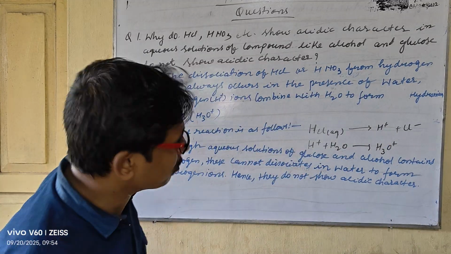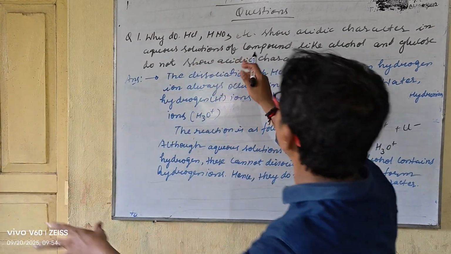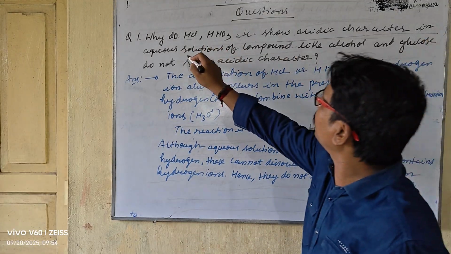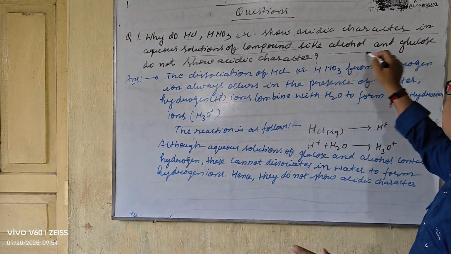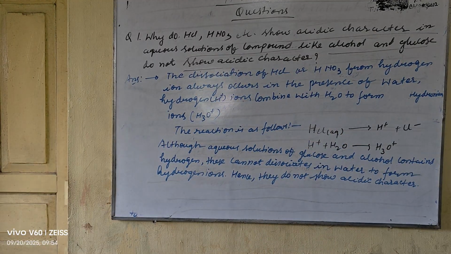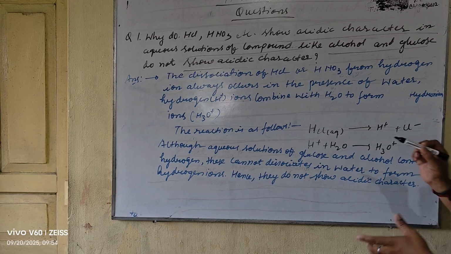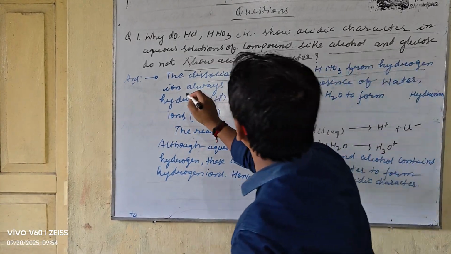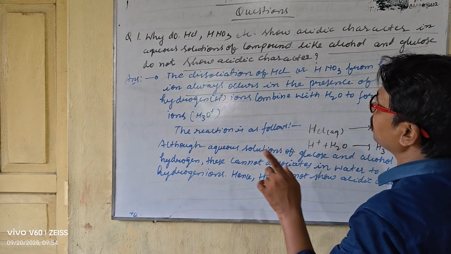So my dear students, the question is asking why do HCl, HNO3 etc. show acidic character in aqueous solution while compounds like alcohol and glucose do not. What is the reason behind that? The dissociation of HCl or HNO3 to form hydrogen ions always occurs in the presence of water.